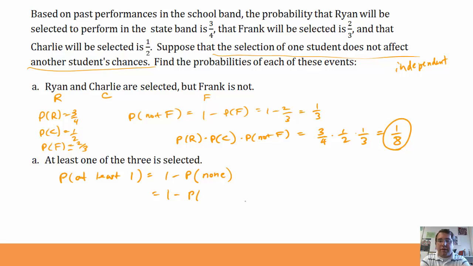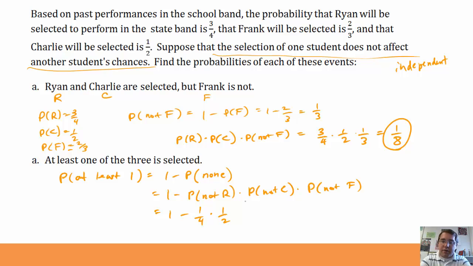Well, the probability of none is going to be the probability of not R times the probability of not C times the probability of not F. Okay, well, probability of R was 3/4. The probability of not R is 1 minus 3/4, which is 1/4. Probability of C was 1/2, so the probability of not C is 1 minus 1/2, which is 1/2.